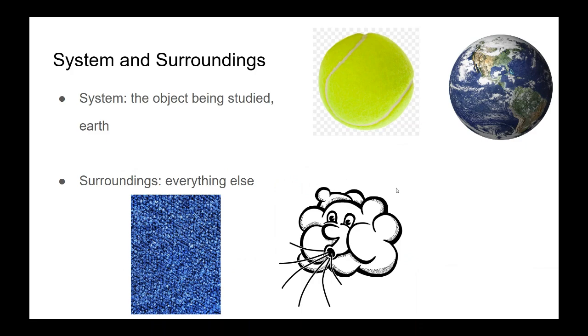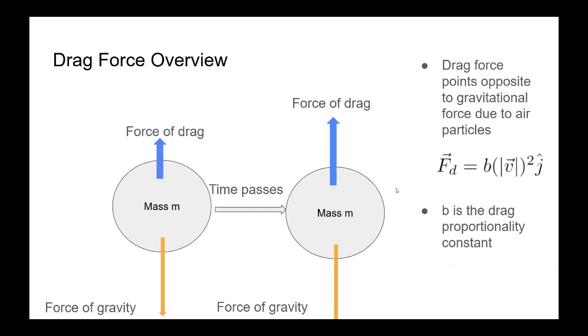So the system here is both the tennis ball and the Earth, because we are using both kinetic energy, which is the tennis ball, and gravitational potential energy, which relates to the Earth, and then the surroundings are everything else. So carpet, air, etc. And just as an overview of drag force, the force of drag is always going to point opposite the direction of motion.